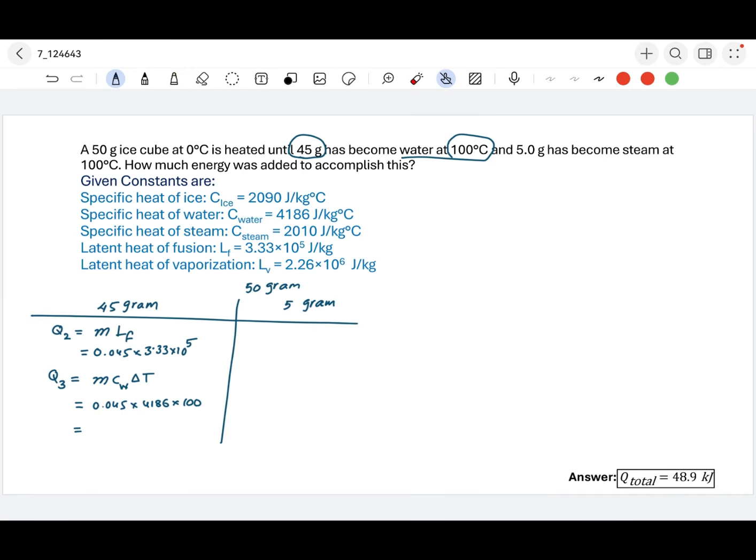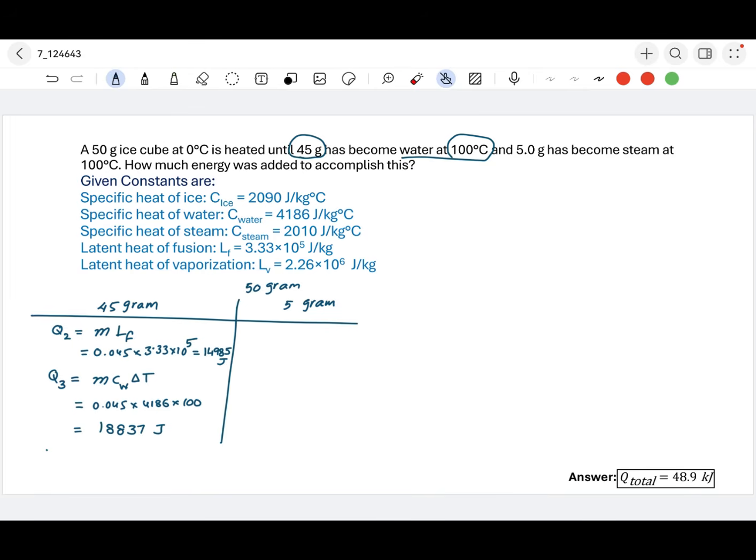0.045 multiplied by 3.33 times 10 to the power of 5. The first answer is 14985 joules. Here this one is 18837 joules.